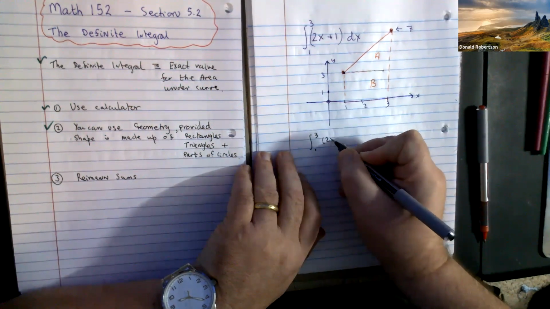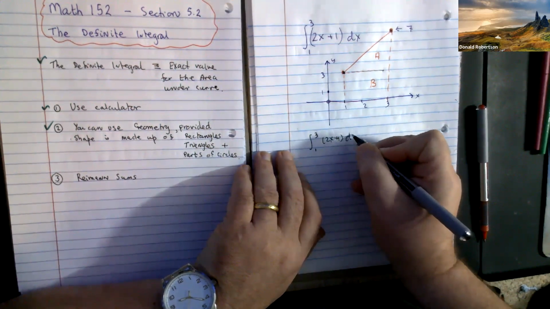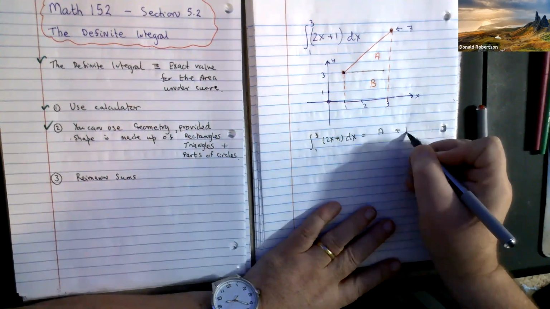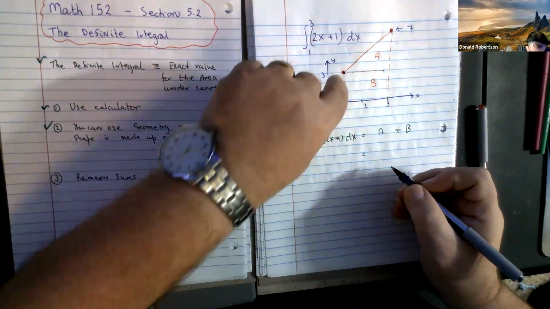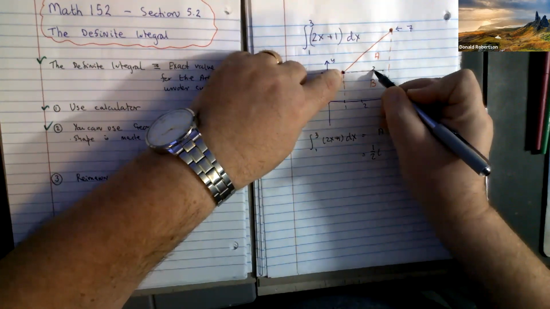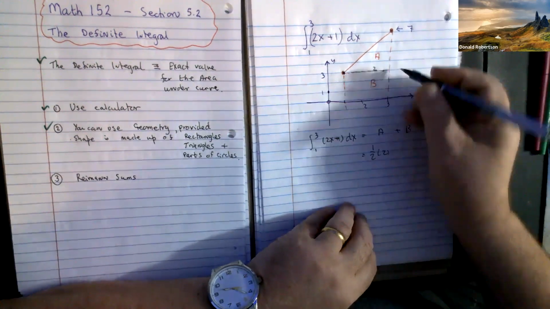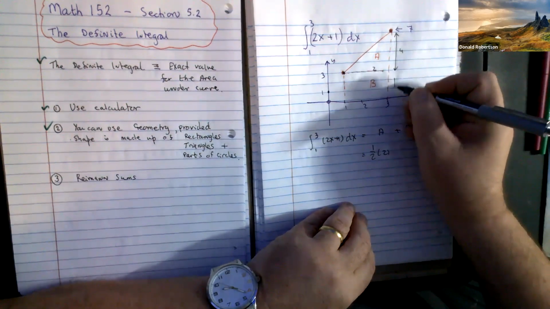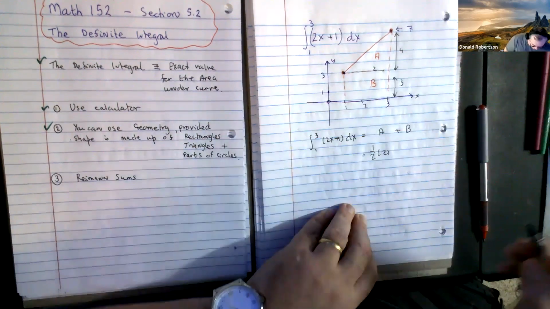So the answer to this is going to be the area of A plus the area of B. And A is a triangle, half of 2. And I believe from there to there is only 4, right? And there to there is 3. Yeah, that makes sense.